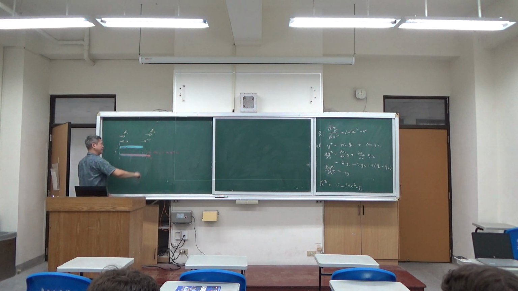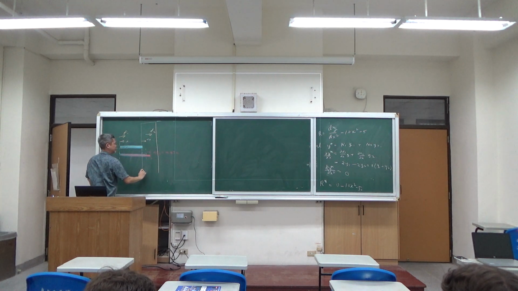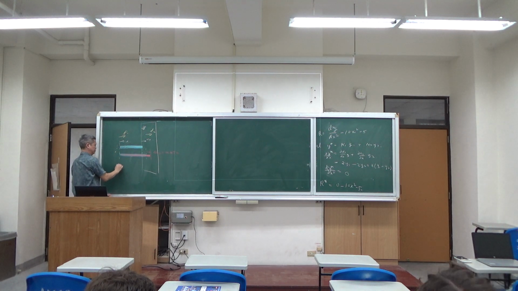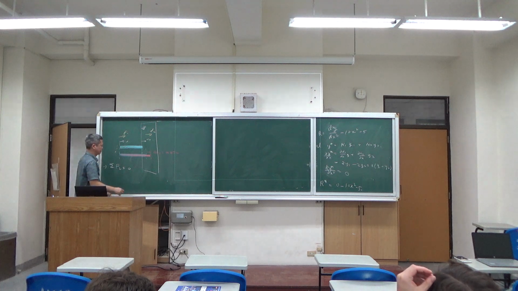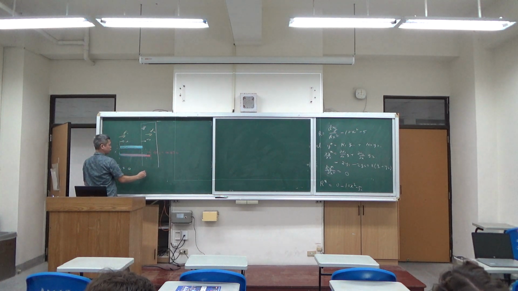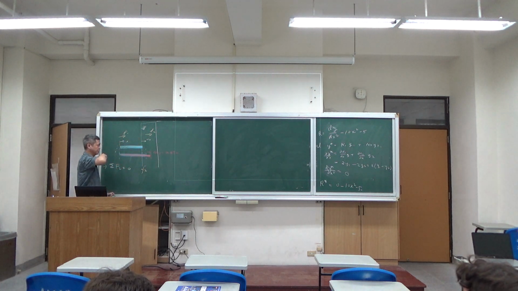So looking at here, how do I write the force balance? This is rightward positive. F2 is definitely positive because it's pointed rightward.